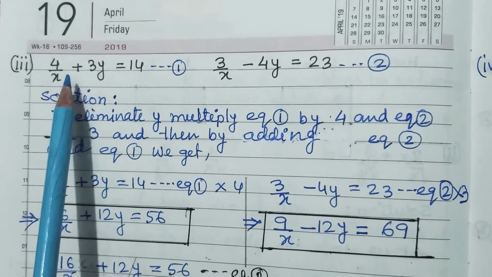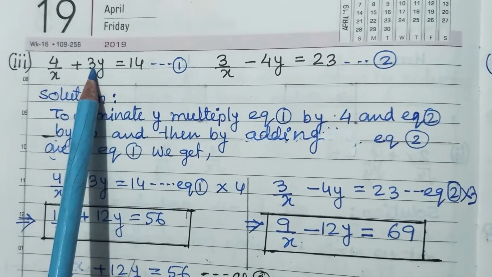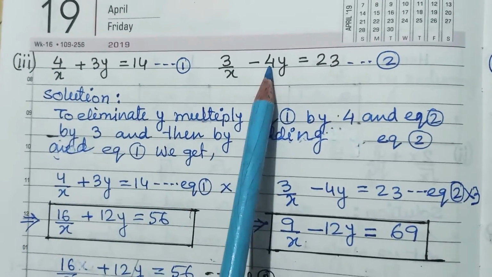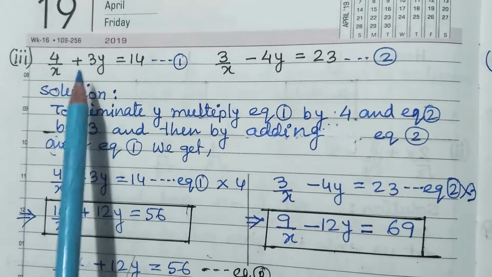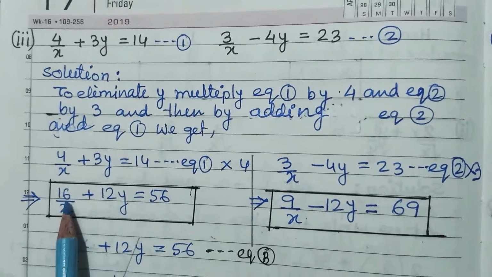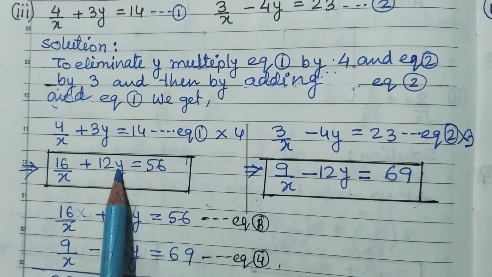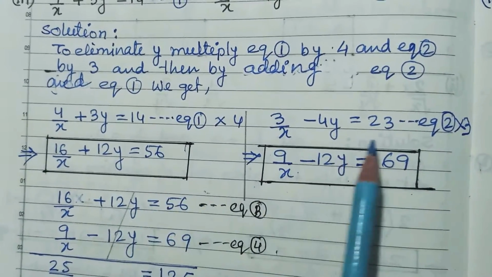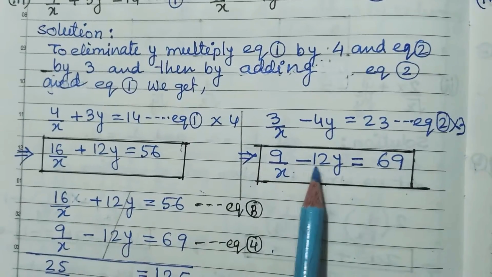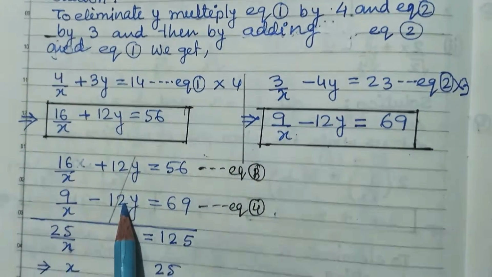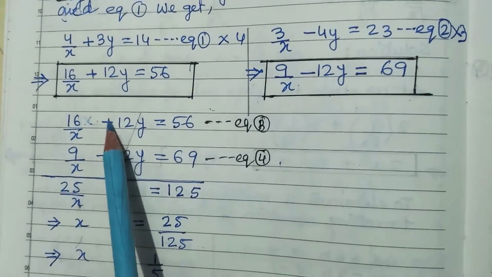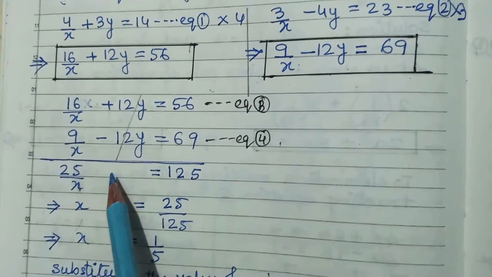You multiply the first equation by 4 and the second equation by 3 to eliminate y. Now it comes 16/x plus 12y equals 56, and the second equation comes 9/x minus 12y equals 69. Now these two equations, since they have opposite signs, we have to add them.